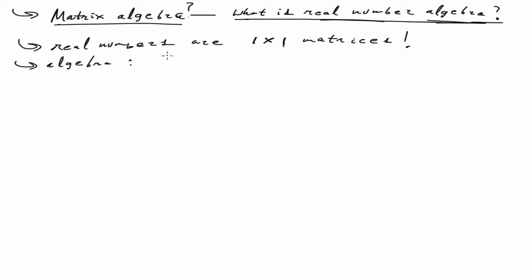So at base, algebra is a set of stuff. So one, it's a set of stuff, and that could be numbers. Okay, and then two, it's a set of binary operations.